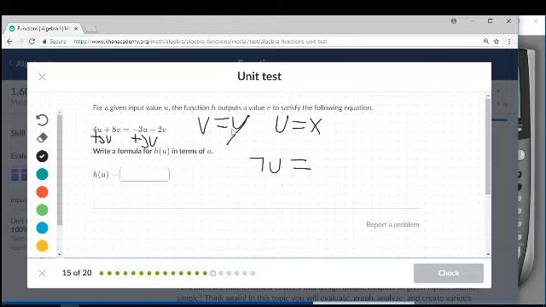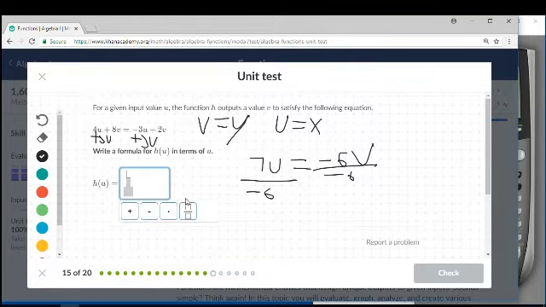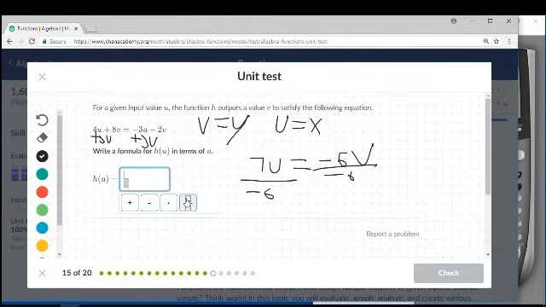So 7u is equal to negative 6v, and we need things in terms of v, so we divide each side by negative 6. So we will have negative 7 over 6u. Let me verify this in my head.